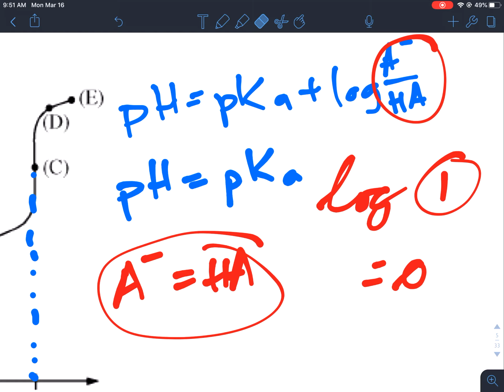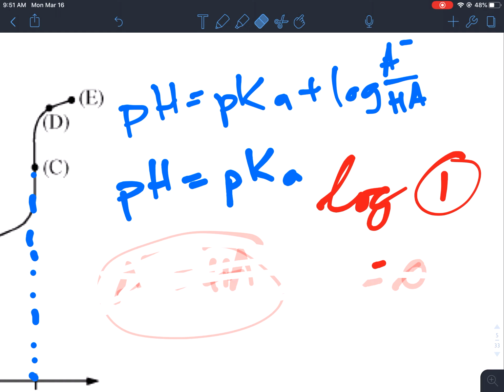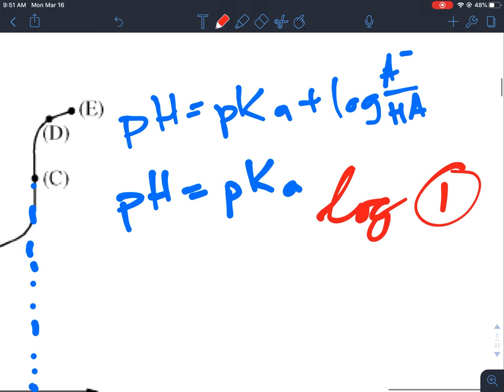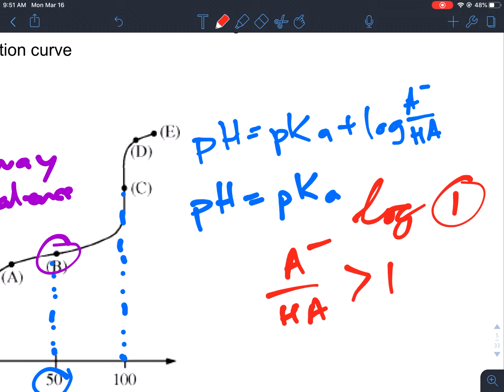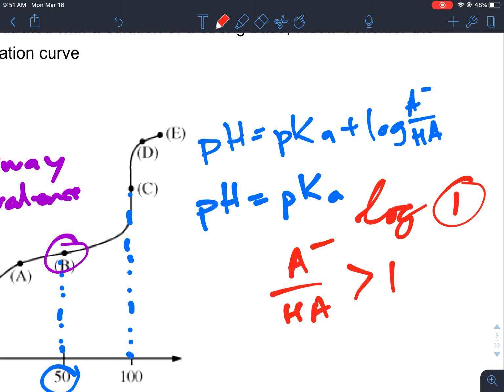How do you get a negative from your log? Let me show you. If your A minus over your HA is greater than 1, this thing will become positive.